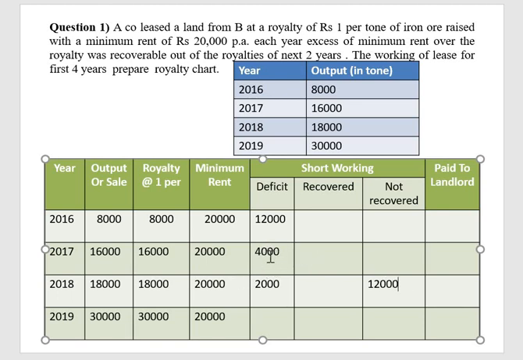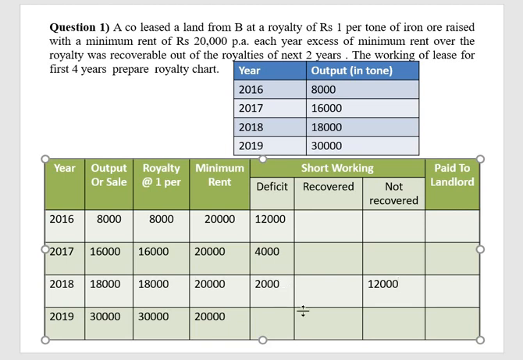Again, next, the fourth year, 2017. There is a loss in 2017. To recover the 2017 loss, the next 2 years are 2018 and 2019. We have a profit in 2019. How much profit? 10,000. In 10,000 we can recover 4,000, a sufficient amount.